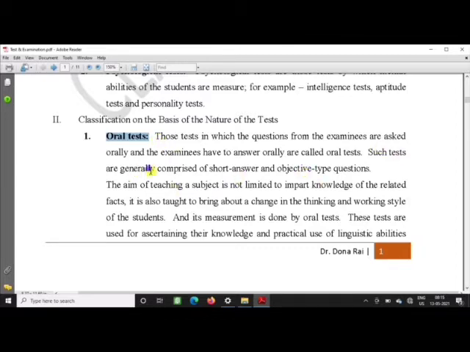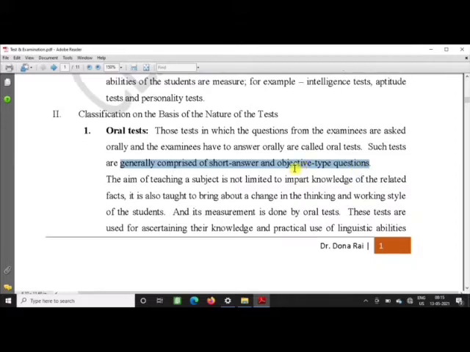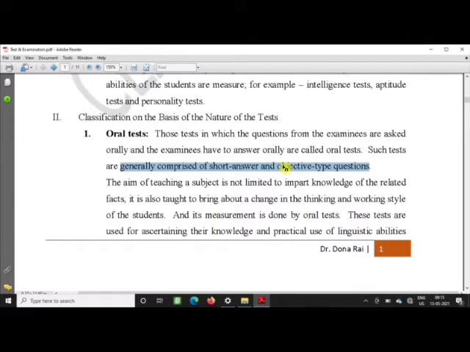Such tests are generally comprised of short answer and objective type tests. Sometimes this oral test may take a long time to complete, sometimes just 5-10 minutes. Also, you can see this oral test in the form of viva voce during interviews, and we all know why viva voce is very important during interviews.